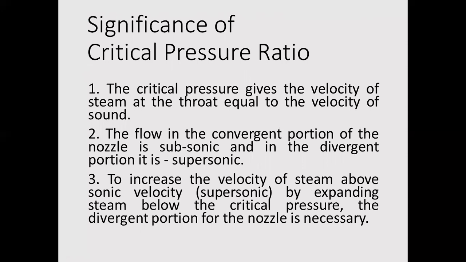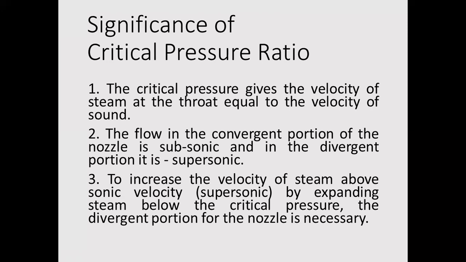So what is the significance of critical pressure ratio that we need to know? It gives the velocity of steam at the throat equal to the velocity of sound. In the convergent portion, the flow is subsonic, and in the divergent portion of the nozzle, the flow is supersonic.